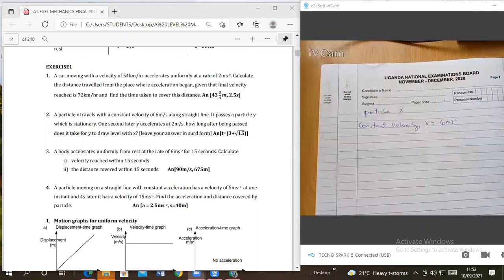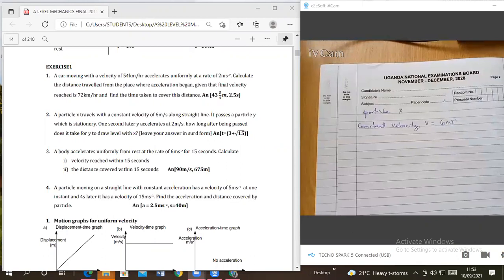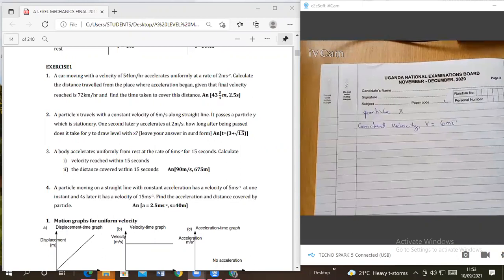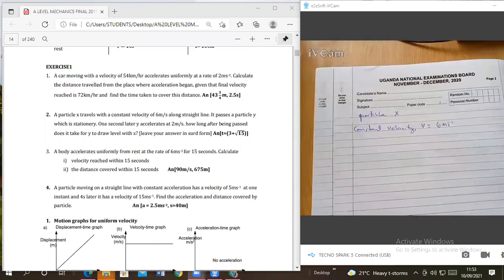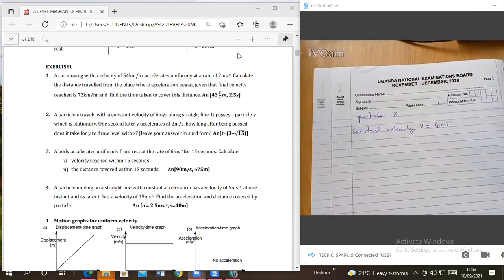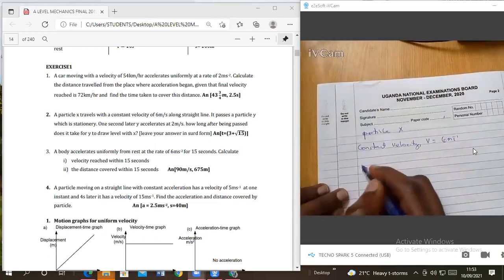We said when a body is moving with a constant velocity, which means velocity is not changing, and when velocity is not changing, the body is not accelerating, because velocity is constant. Are you together with me, Stephen? Yes, teacher. Which means acceleration is going to be 0.